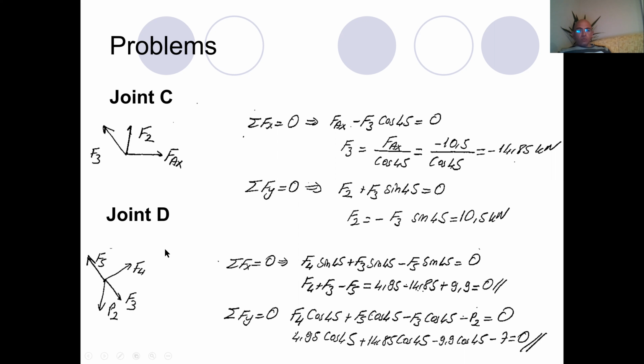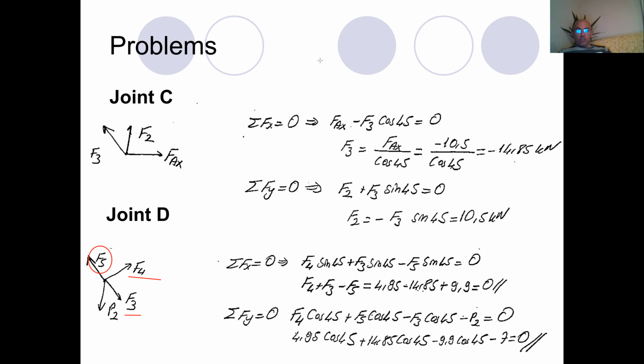Now, the last one is joint D. Now we have found F4 and F3 from previous joints, and we have already calculated F5 from joint A. So we write the sum of the forces in x direction, and we have F4 multiplied by sine 45 plus F3 sine 45 minus F5 sine 45 has to be equal to 0.